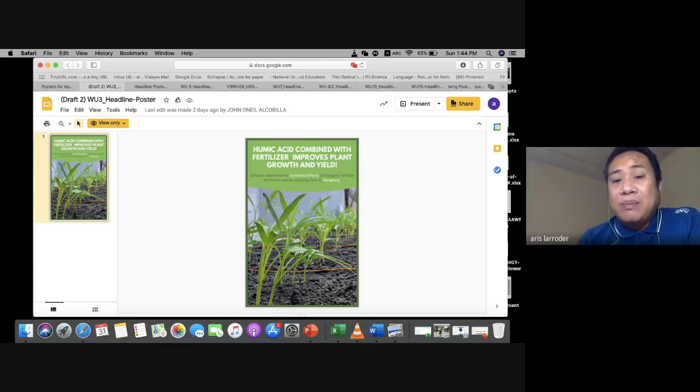Probably their plant is this one as a plant material in testing, but then, well, the plant shows the growth. Other than that, I don't know if this would really capture the attention of the readers. But anyway, the picture is good.